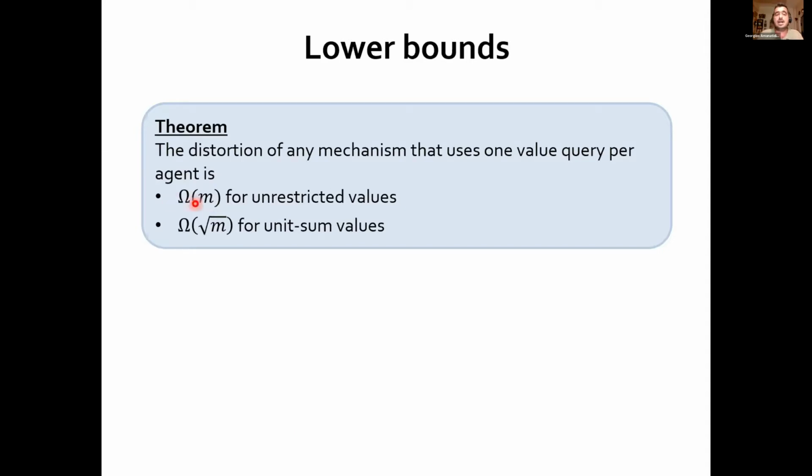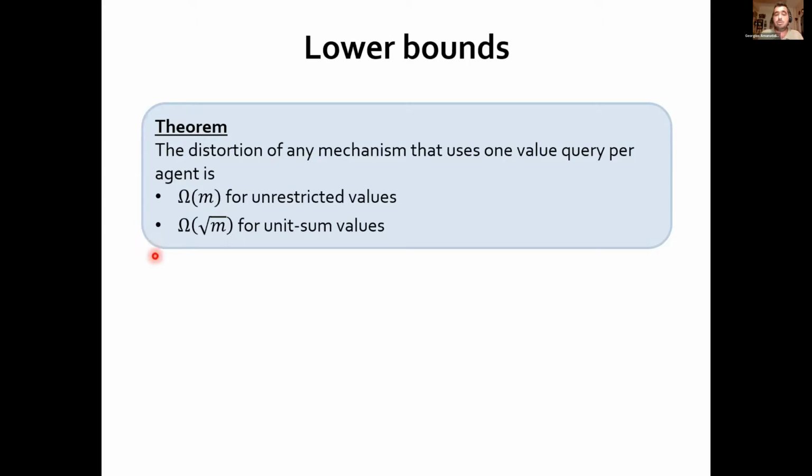And of course, this is tight as long as we have unrestricted values. For unit sum valuation functions, the lower bound is weaker and we don't have a better upper bound. But we do have a conjecture that I will state in a couple of slides. So these are lower bounds for a single query.